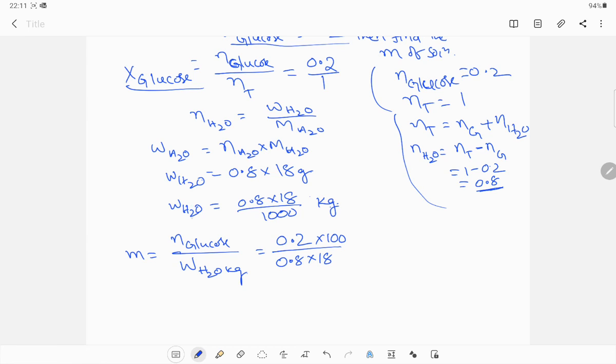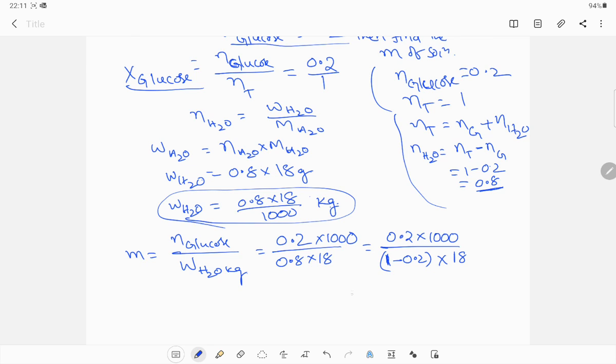What I did, this formula I substituted here. So I wrote 100 but it is 1000. Okay, now I will do this small correction: 0.2 into 1000 divided by 1 minus 0.2 into 18.